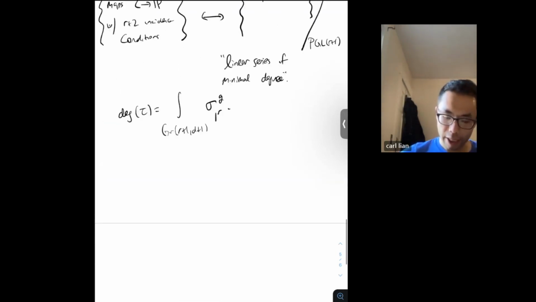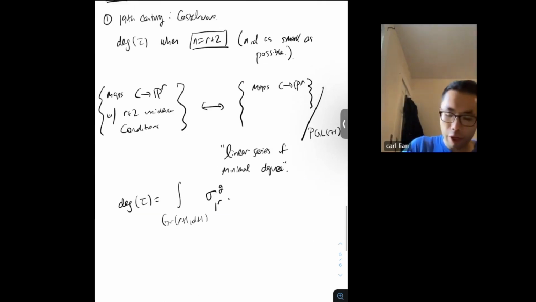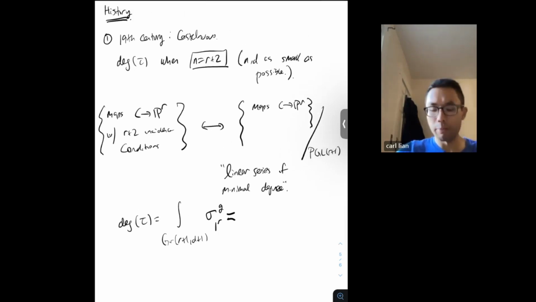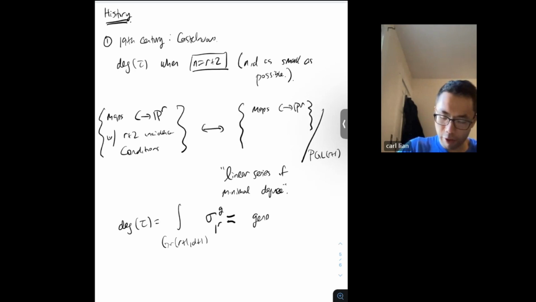And this is the integral Castelnuovo actually knew how to compute. So Schubert calculus had been developed to some extent by then, and this was an integral for which the tools were available to compute. And this is some sort of generalized Catalan number.